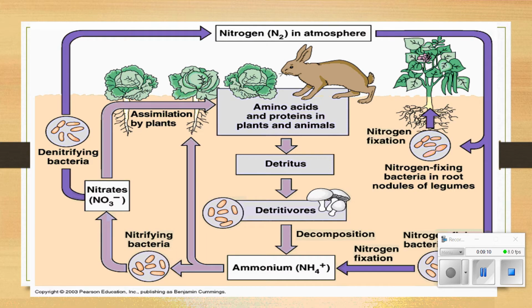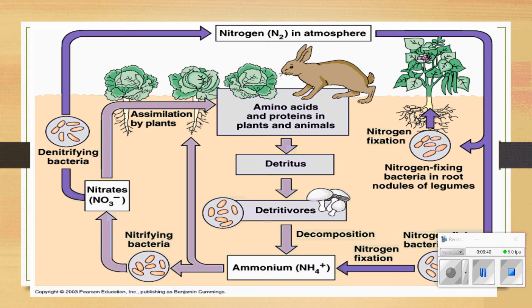Here's the nitrogen cycle. 75% of the air that we breathe is nitrogen. Okay. However, most plants cannot fix that N2 gas that's in the air. Only leguminous plants like soybeans, alfalfa, any type of peas, peanuts, they have nodules on their roots that will fix that nitrogen and turn that into usable nitrogen for the plant.